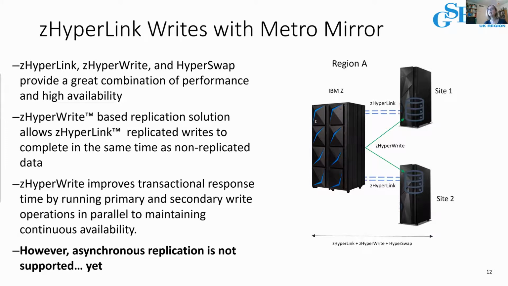But HyperWrite itself is in a way another building block technology. We've had HyperWrite for several iterations before using HyperLink, and being able to do it with high performance FICON. It is a way for software to handshake with the control unit to tell us that they're going to do software mirroring. And that can be really helpful for load balancing or performance.